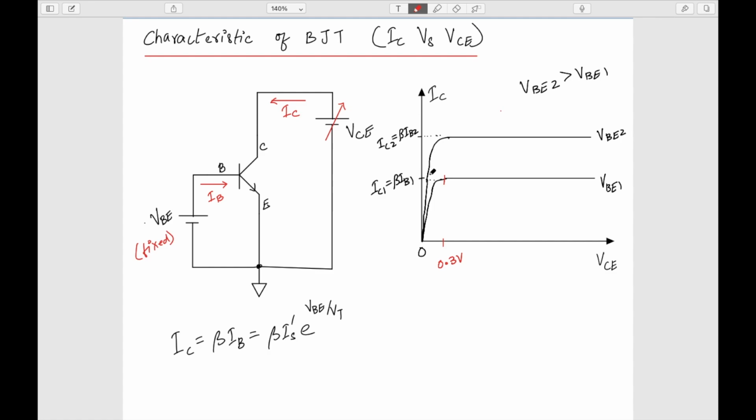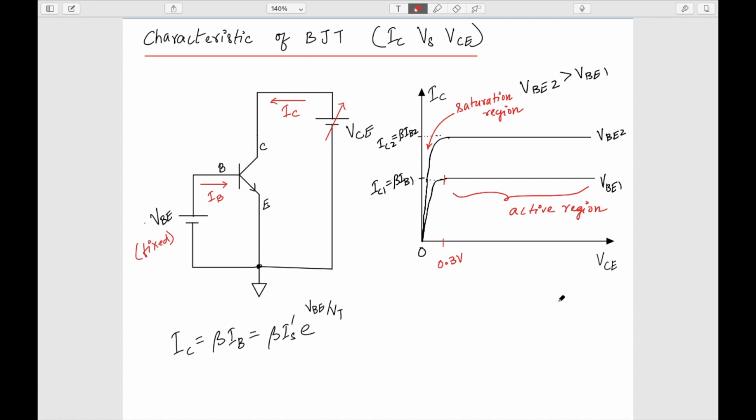This region, where my IC depends very much on VCE, is called the saturation region. And this region, where my IC is independent of VCE, from here to here, is called the active region of operation.